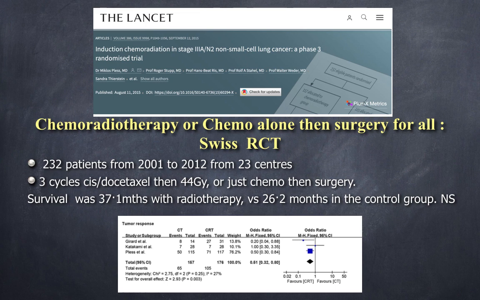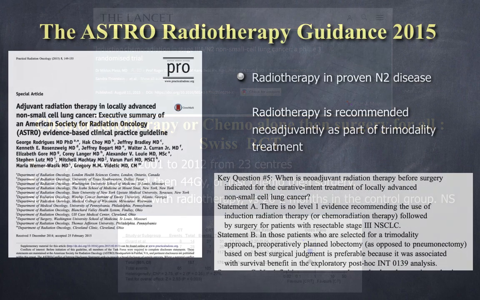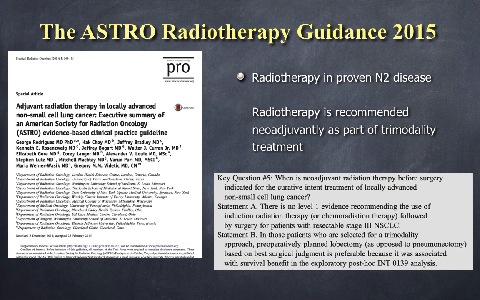It nearly did. And if you find Katakami and Girard's much smaller, slightly older studies and put them together in a meta-analysis, this does come out significantly in favour of chemoradiotherapy, then surgery being better than chemo, then surgery.